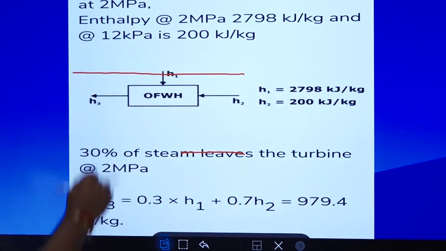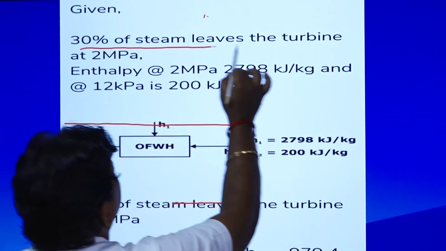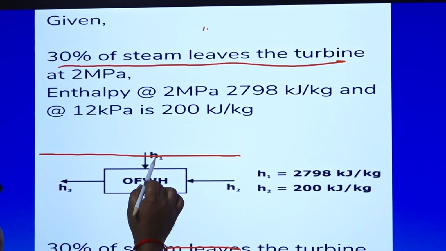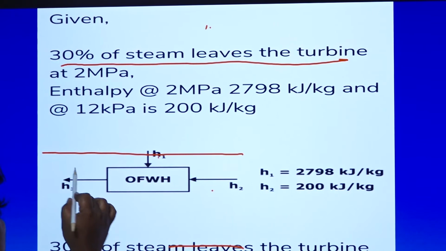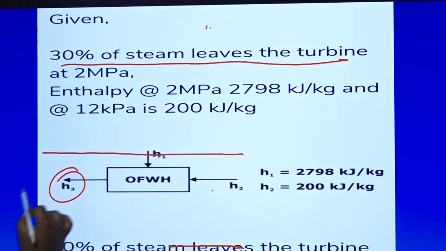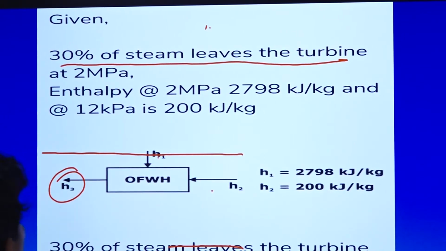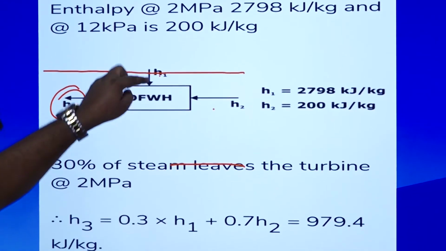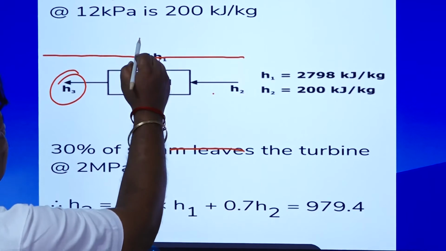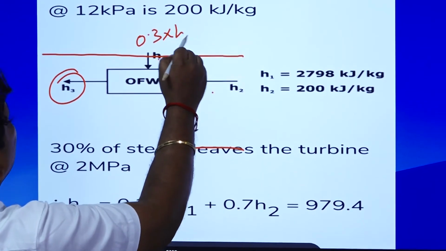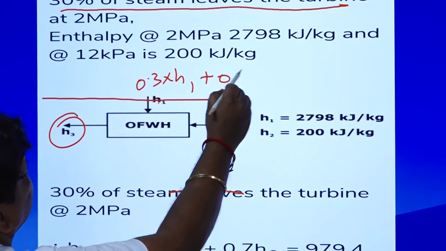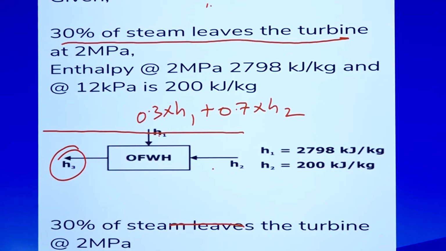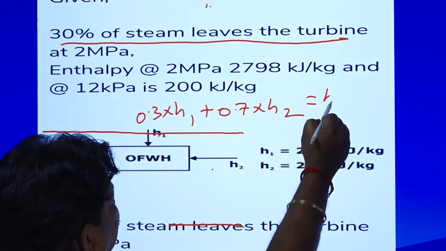When you see this, you can say 30% of the steam leaves the turbine. So H1, H2 and H3. H3 will be equal to the sum of these two, that is 0.3 into H1 plus the remaining 0.7 into H2 will be equal to the value H3.